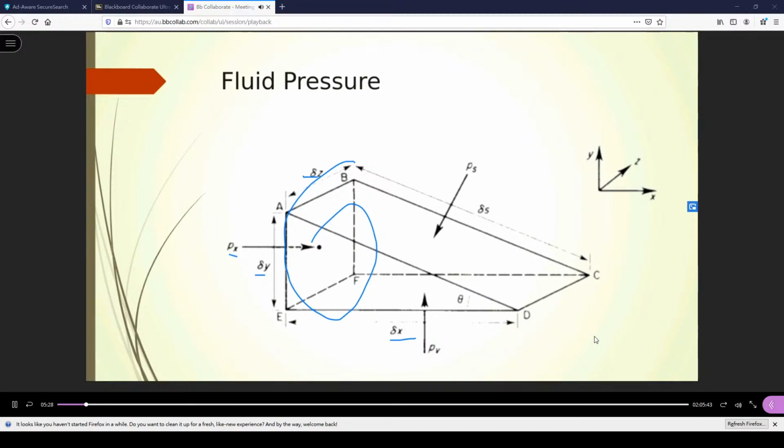The same principle applies to this triangle ADE, and also to this inclined surface ABCD. We arbitrarily set the inclination of the plane ABCD to be theta.